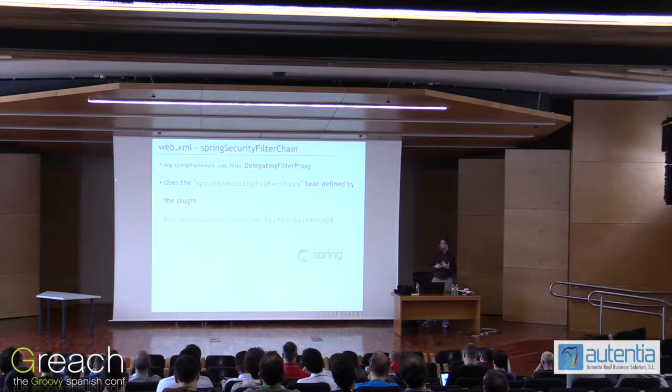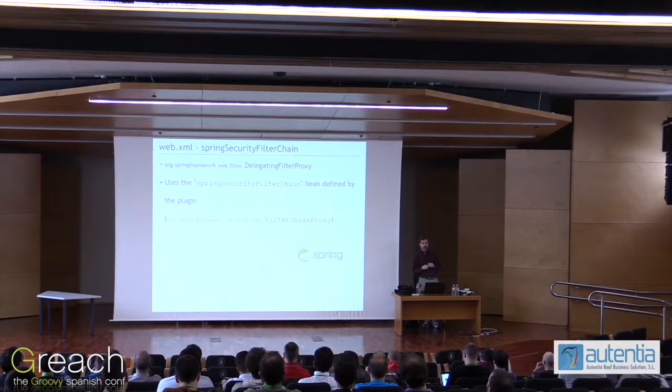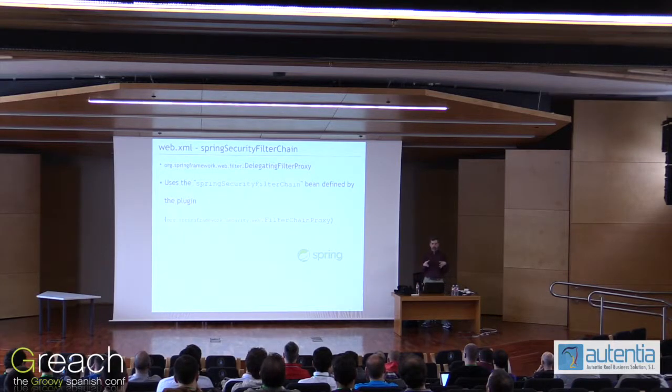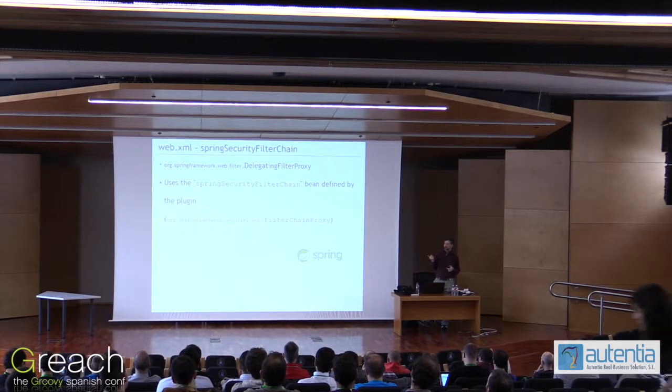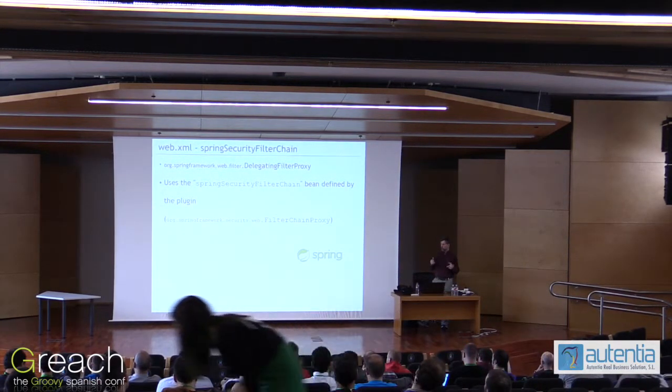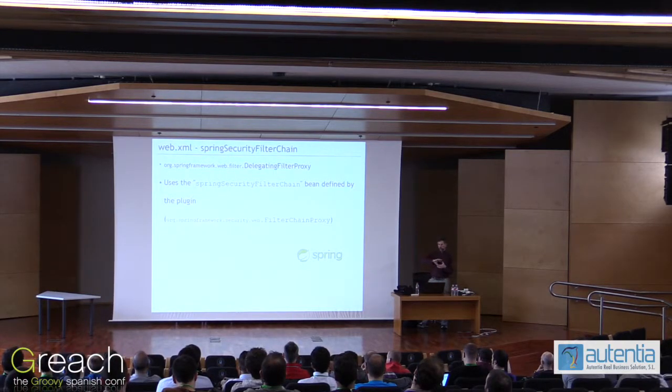And of course, here's the Spring Security filter chain, which uses a delegating filter proxy, which you should get familiar with if you're using Spring, because that's a really interesting thing, because the bean lifecycle is much richer than the filter lifecycle. There's a lot more hooks, a lot more steps. So Spring very early on had this concept of registering a filter, which is actually backed by an actual filter implementation, but it doesn't do any real work.